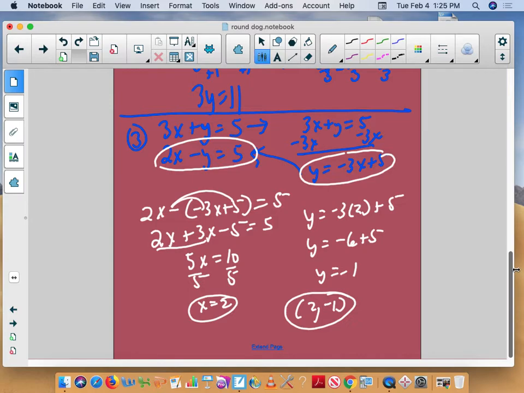Are you sure? Well, I think I got the right answer. I just think I messed up somewhere, but I still got the right answer. But what did you do to start with? I had 2x equals negative 1 plus 5 and then 2x equals 4, and then I don't know what I did. I think I got it wrong. Do you know how to do substitution though? Yeah. You're okay? All right.